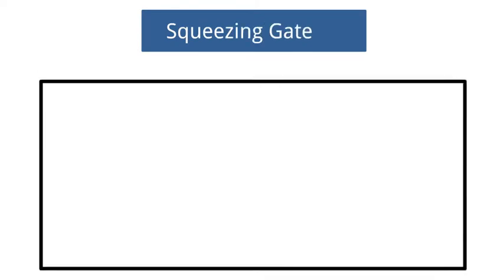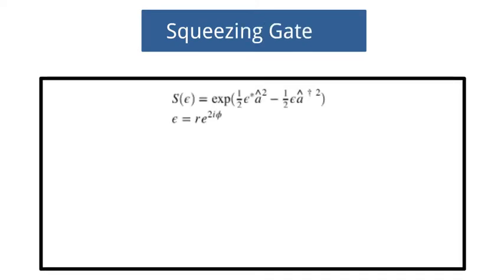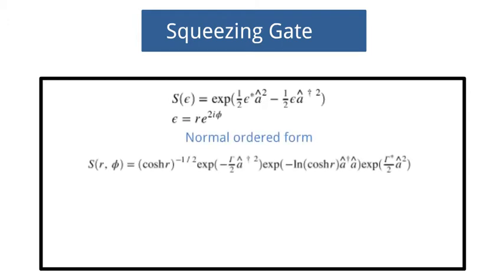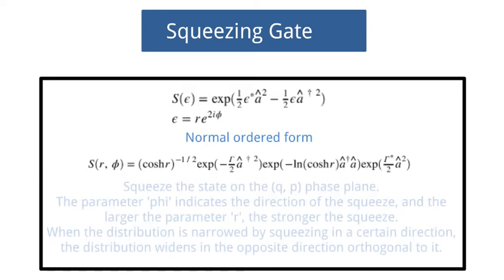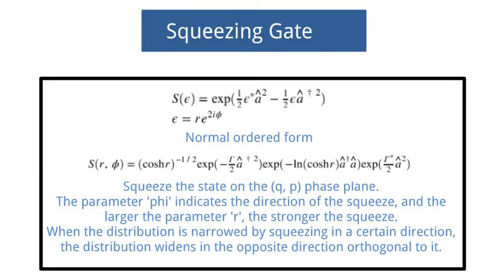Squeezing gate. S epsilon equals exp of 1 by 2 epsilon asterisk a squared minus 1 by 2 epsilon a dagger squared. Epsilon equals r times e to the power 2 i phi. This is the normal ordered form. Squeeze the state on the q-p phase plane.